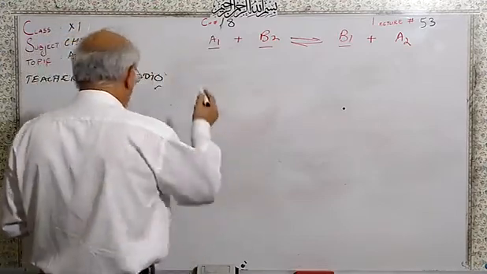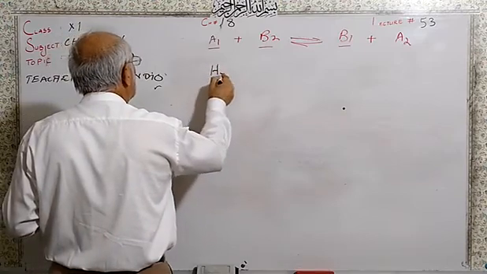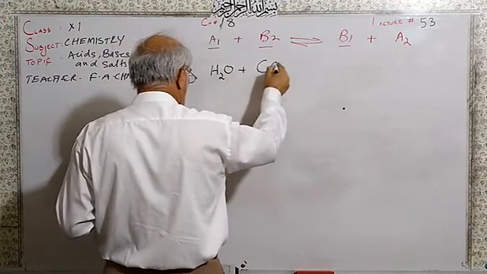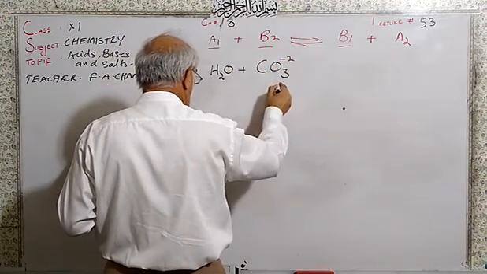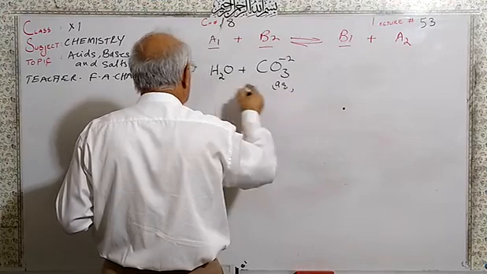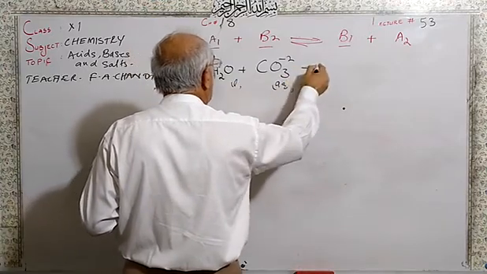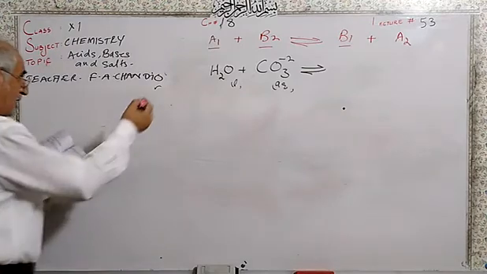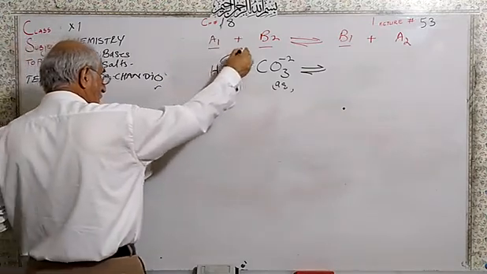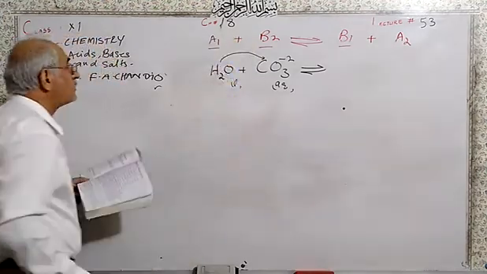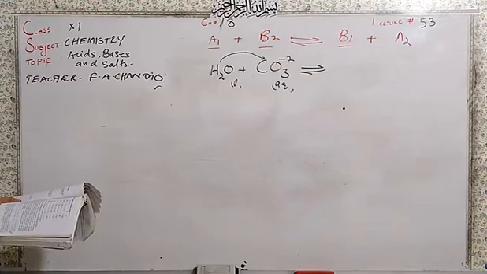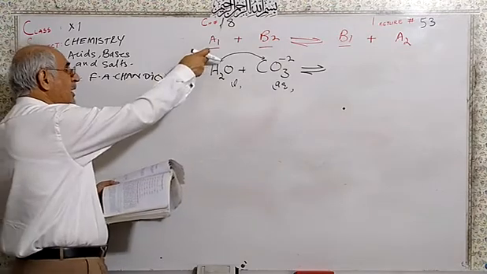Suppose water, H2O, plus carbonate. Look here. So this is a proton donor. A1 is a Bronsted acid.